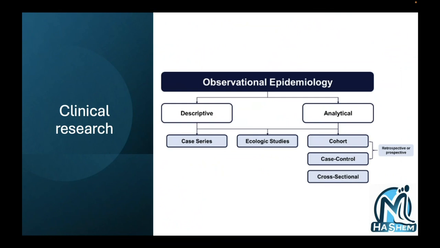So if I want to run a cohort study about lung carcinoma, I will go to a cohort of patients who already have lung carcinoma, and then go back and look at how the smoking was there, or how certain types of treatment, whether it is more in female, more in male, more in rural areas, more in cities, more in developed countries, more in developing countries. So I do an analytic study, but it's still observational.